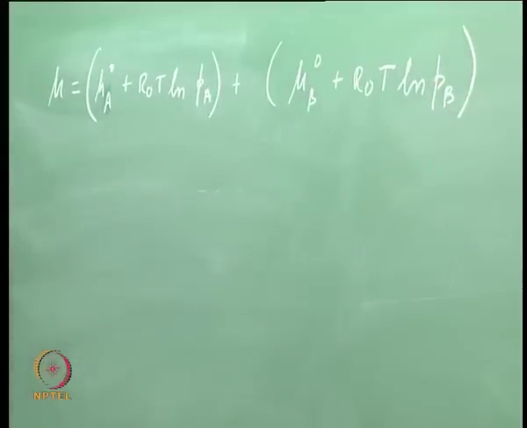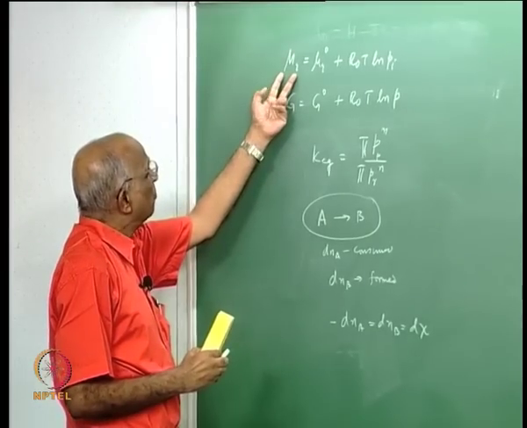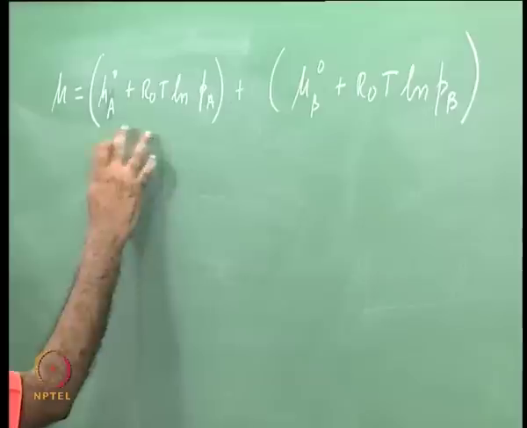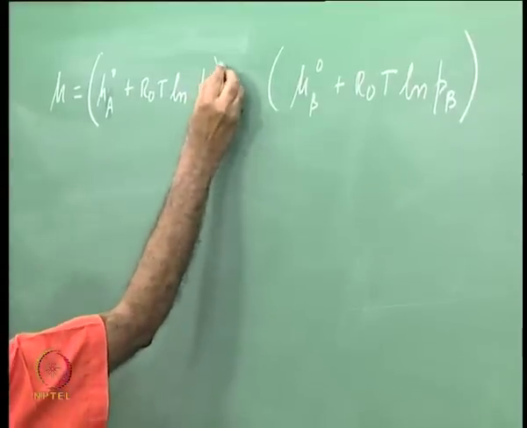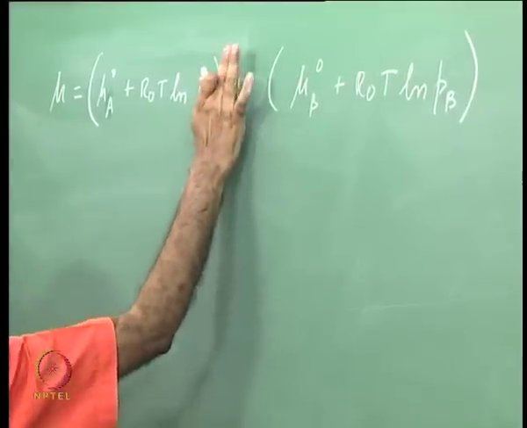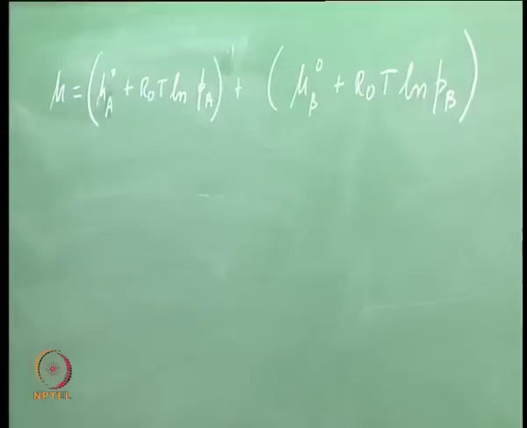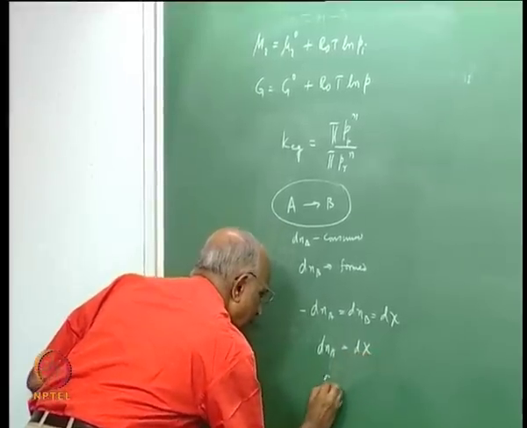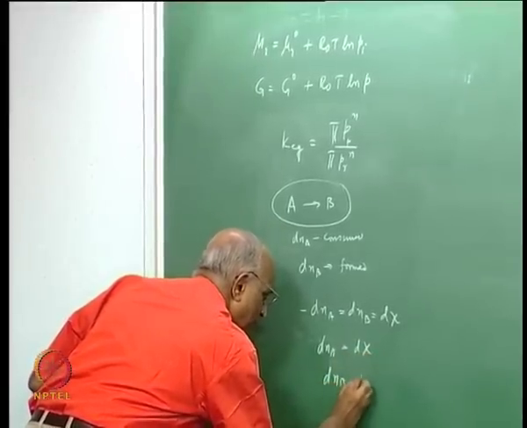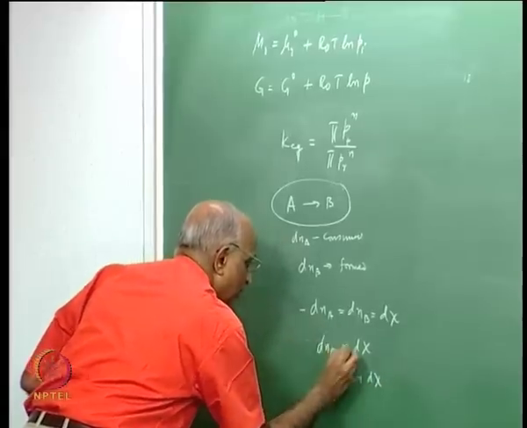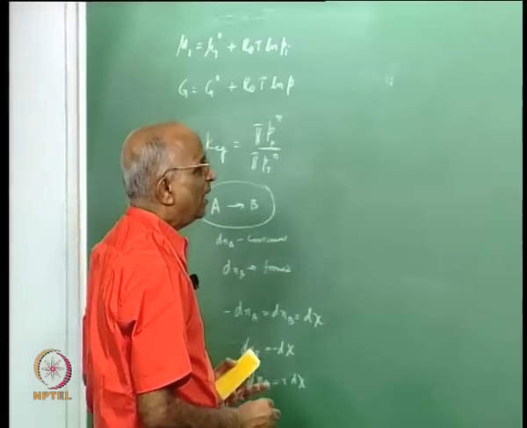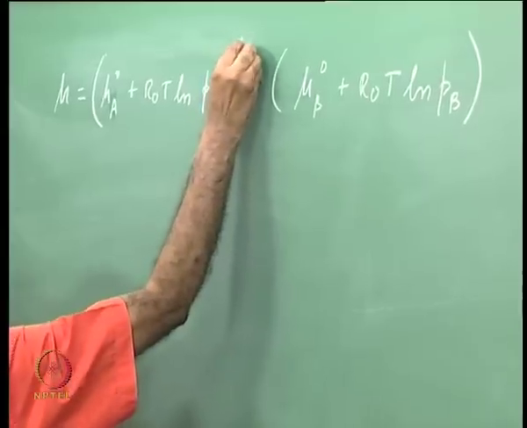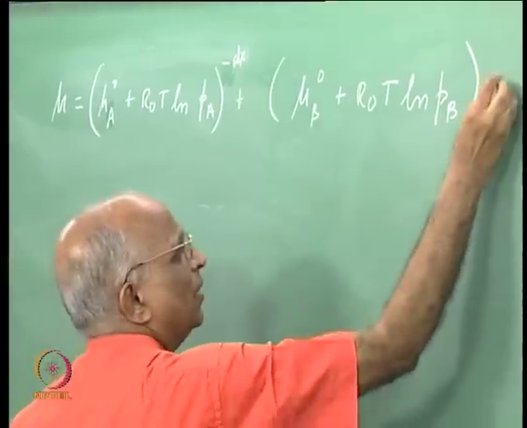But when I look at the changes taking place in the chemical potential, they correspond to minus dNA, so I can now write dNA as equal to minus d chi and dNB as equal to plus d chi, because of the minus sign over here. I have the value of minus d chi here and d chi here.